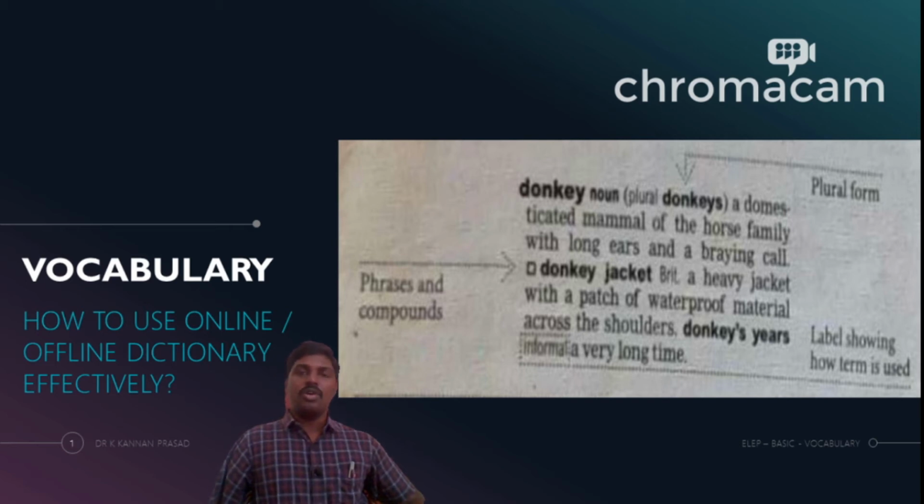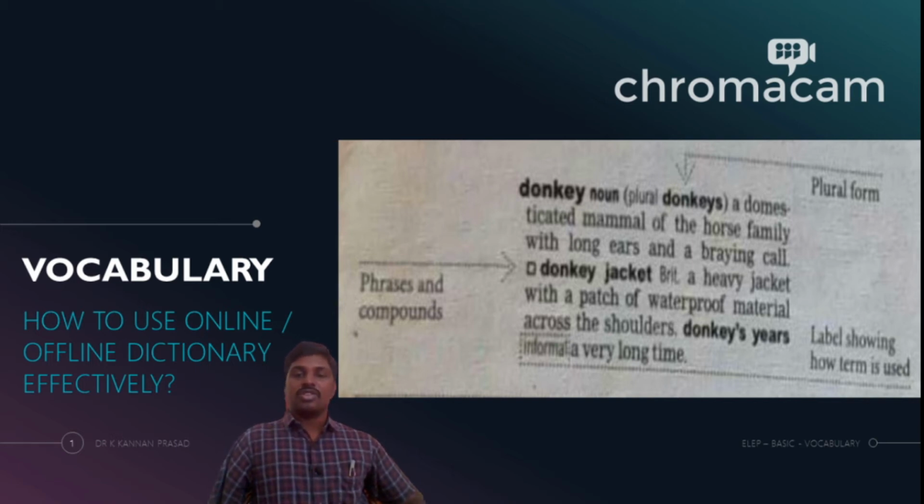A phrase is where you combine two different words. When you combine two different words, the meaning mostly changes. For example, we have here the phrase donkey jacket. Donkey separately has a meaning, jacket separately has a meaning, but when you combine both of them, they become a separate phrase altogether and have a different meaning.